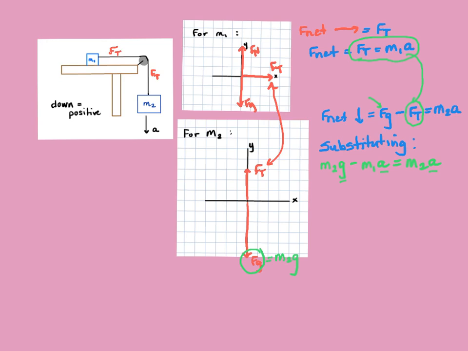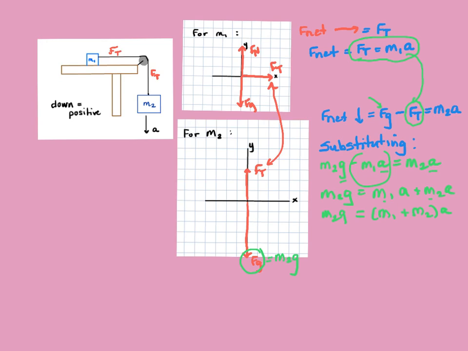What I'm going to do is rearrange here just to make things a little bit more interesting. So M2G, I'm going to take this piece and move it to the other side. So I have M1A plus M2A, and I can set that equal to M1 plus M2 times A. All I did was pull these out, and that's equal to M2G.